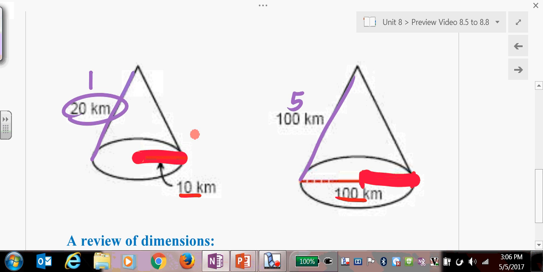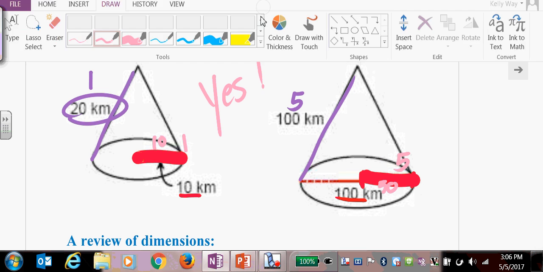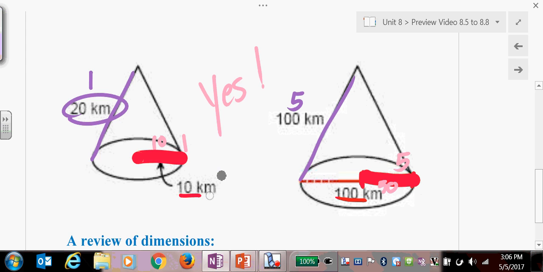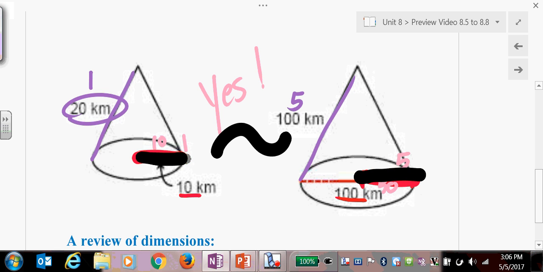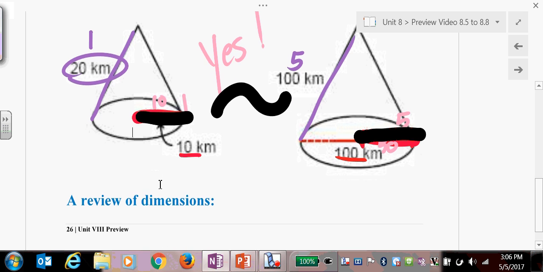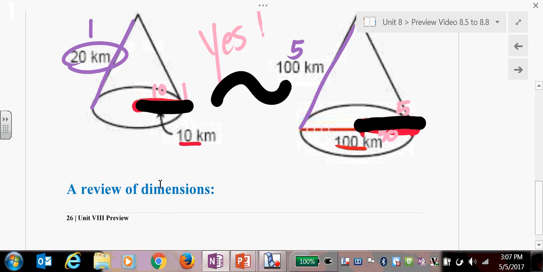We have to go radius to radius. In that case, that would be 10 to 50, which again is 1 to 5. So this was a yes, they are similar. Those of you who said no probably didn't physically trace the radius. Remember, everything is a brain in your hand.